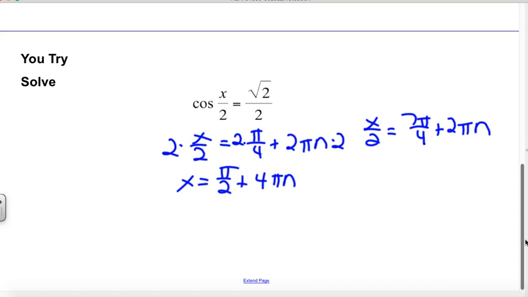Same thing over here, times 2 to get x by itself: 7 times 2 is 14 over 4, which is just 7 over 2, plus 4 pi n. So our answers are pi over 2 plus 4 pi n and 7 pi over 2 plus 4 pi n if we're looking at values outside 0 to 2 pi.